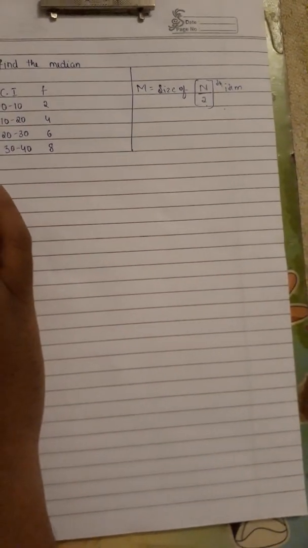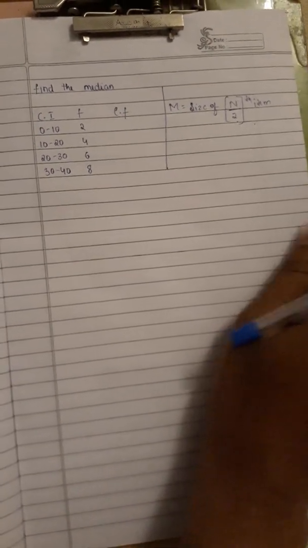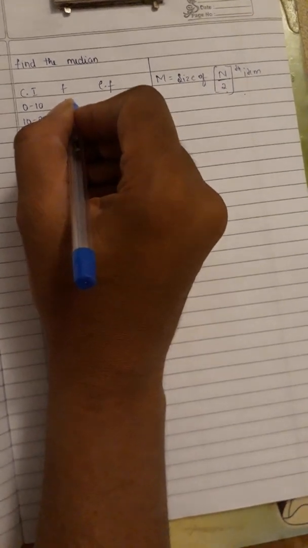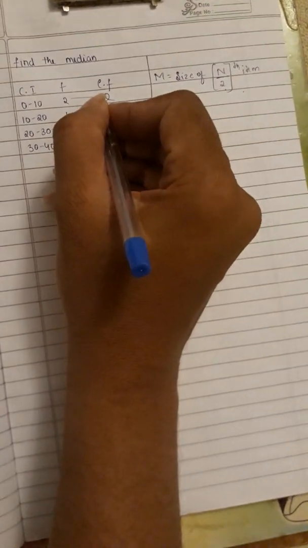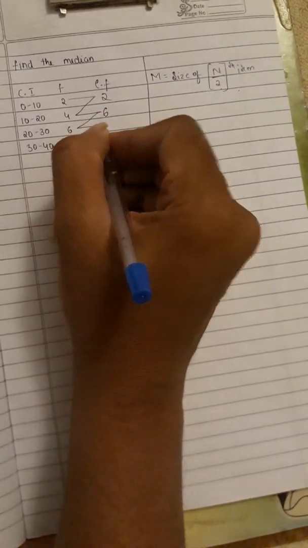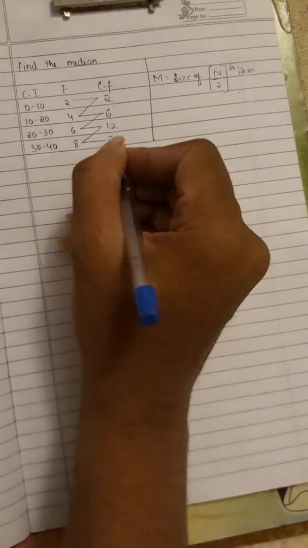Next we'll apply the values to the formula, but before that we have to know n, which means number of observations. To know that, we'll find the cumulative frequency, CF. As we know, cumulative frequency moves in zigzag manner, so I'll write 2 here, then 2 plus 4 is 6, 6 plus 6 is 12, 12 plus 8 is 20.